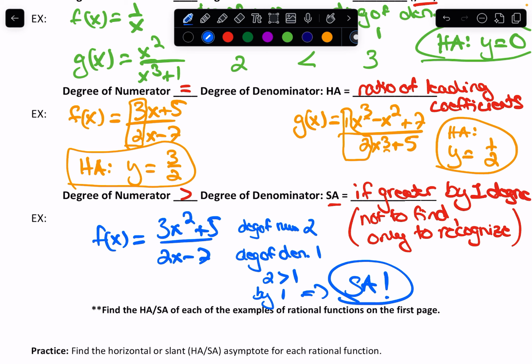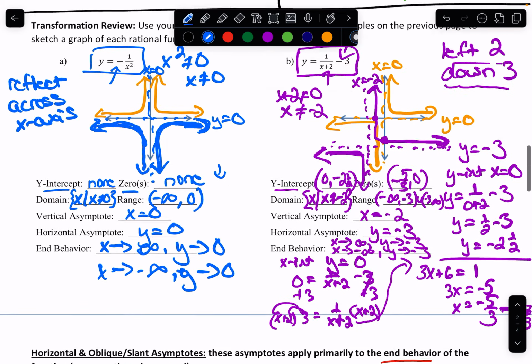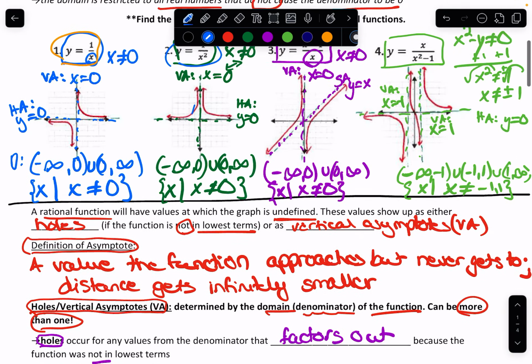Okay. We actually already looked at the horizontal asymptotes and the slant asymptotes on the first page. If you want to go back and look at why, you can always do that.